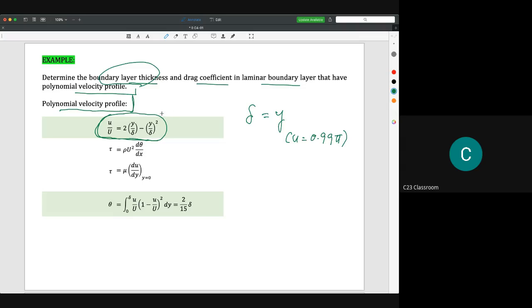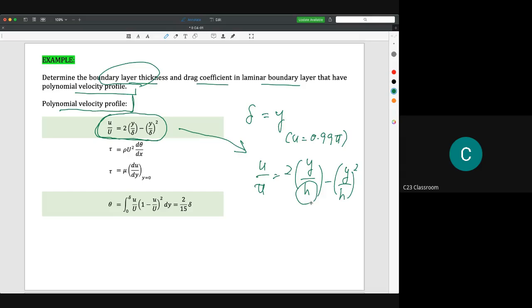For the polynomial velocity profile, we have u over U equal to 2 y over delta minus y over delta squared. You may see this kind of equation in our previous chapter, where we had u over U equal to y over h minus y over h to the power of 2, because in that situation the thickness is represented as h, not delta.